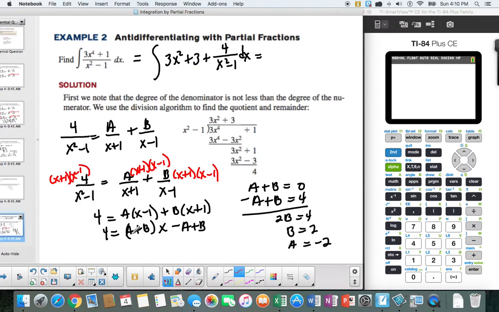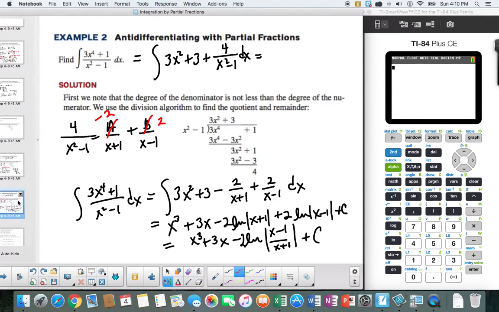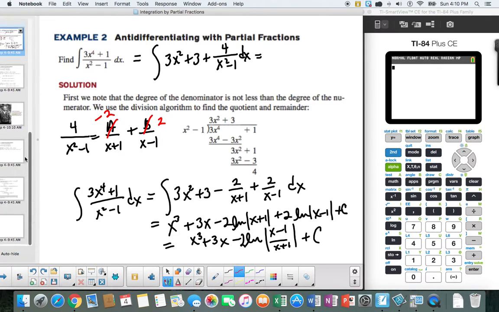Now you can see there is no x expression on the other side, so A plus B will be equal to 0, and the constants will be equal to 4. And once we eliminate, we'll be able to find our two numerators, which I have substituted, and we can resubstitute into our integrand and integrate each one of these terms. And we can take the natural logs and pull them together into one expression.